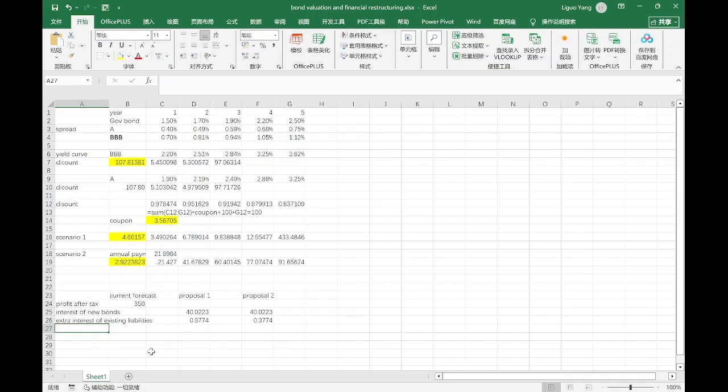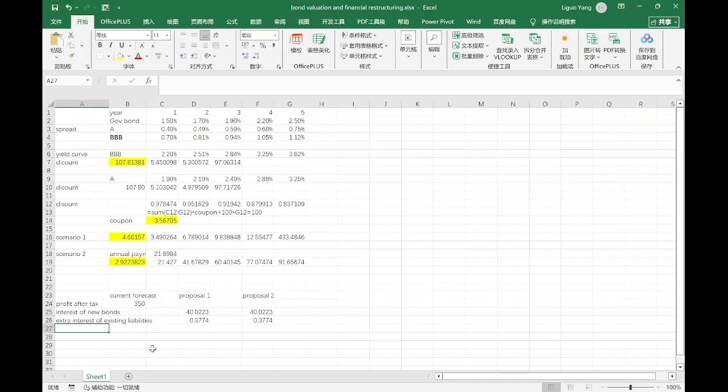For proposal 2, because it will be used to invest with a return of 12%.